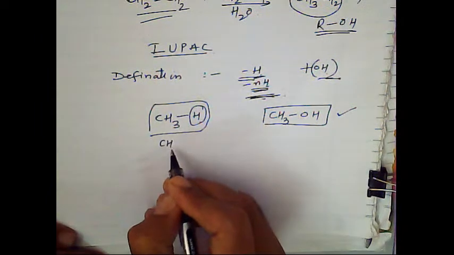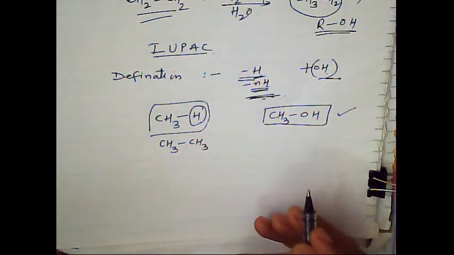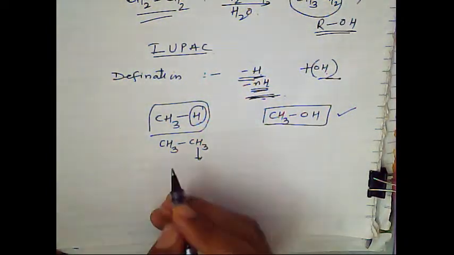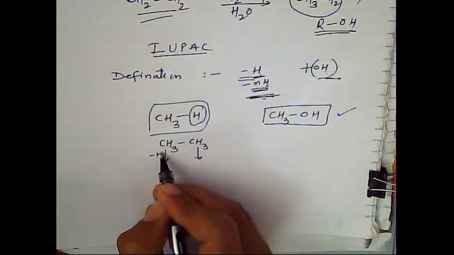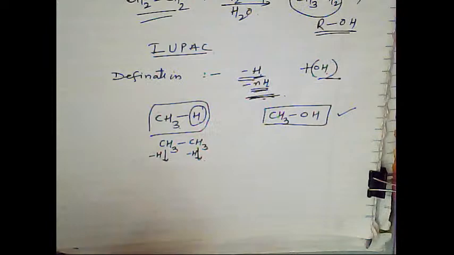Similarly, CH3-CH3 is ethane. From ethane we take out one hydrogen from here and one hydrogen from here, minus H, minus H. So it will become CH2 and CH2.